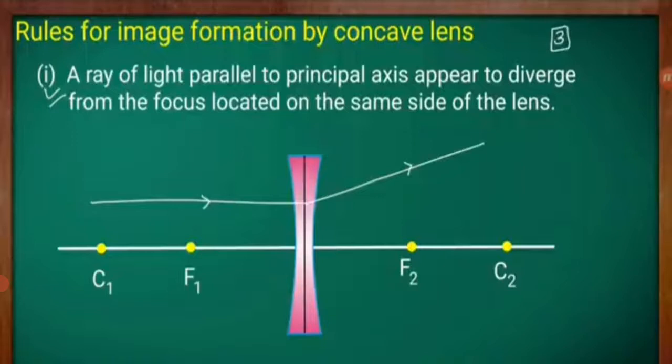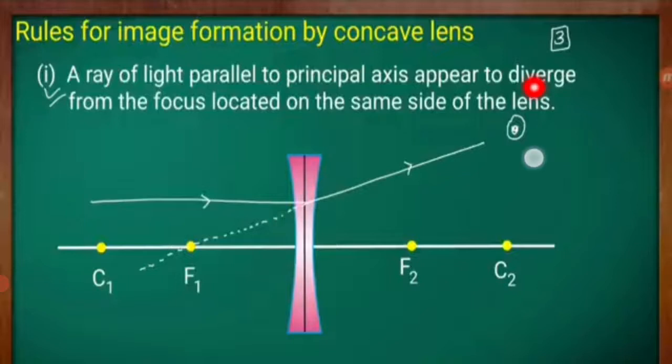It appears to be diverged so that it is passing through the principal focus F1. If I observe the position of the line after refraction from this point of view, if my eyesight will be at this position, then I can see that the light ray is coming from the principal focus F1. This is the first rule.